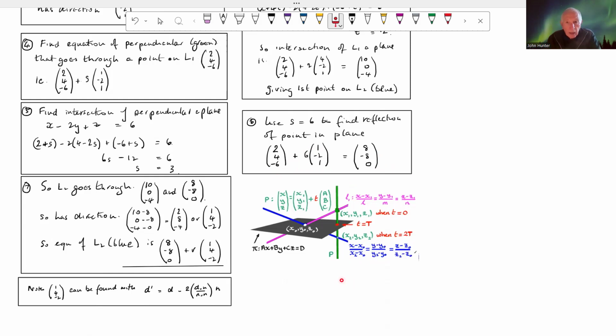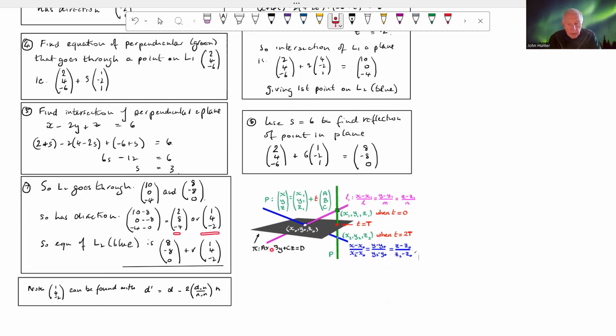Okay, so now this point is there, so we have two points on the line. L2 goes through these 2 points here, and if we want the direction vector, we just subtract one from the other, and that gives us that.